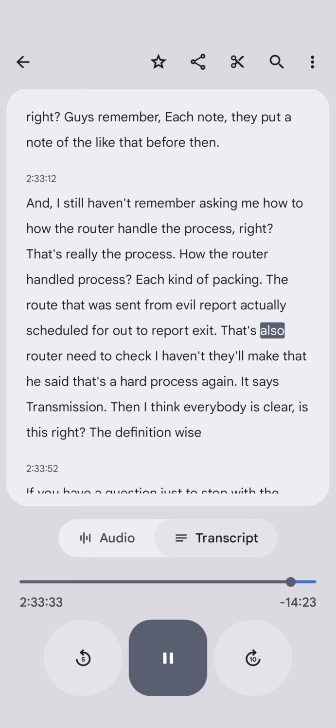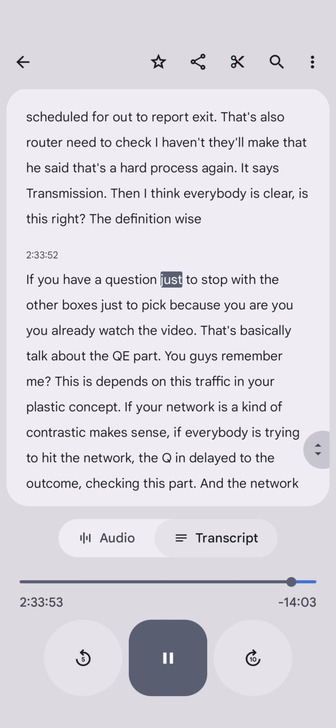The router also needs to check each packet header to make the decision. That's all the processing. Then transmission, I think everybody is clear with this, right? Definition-wise. If you have questions, just stop me. Otherwise, I'll just move on because you already watched the video.